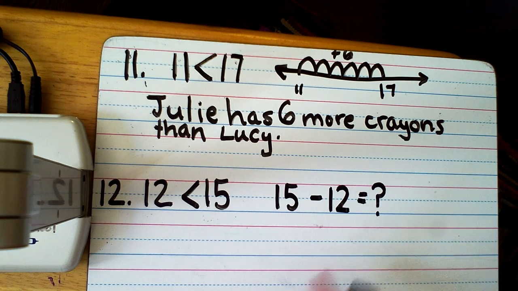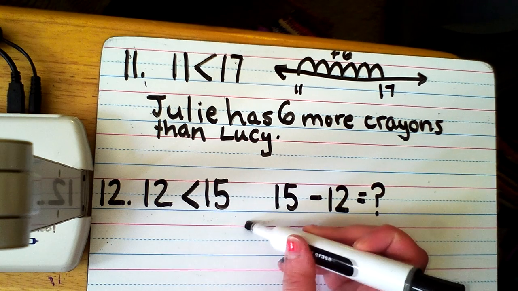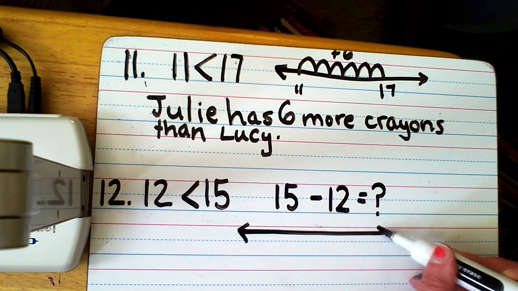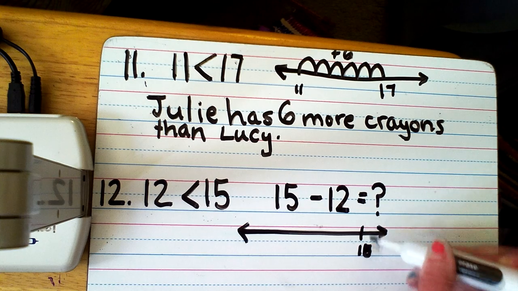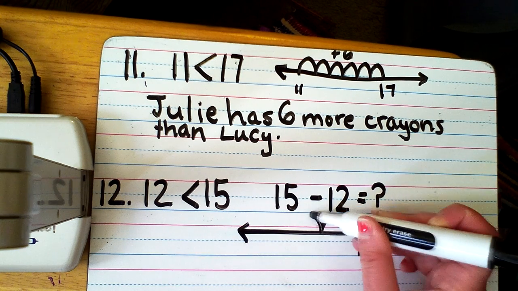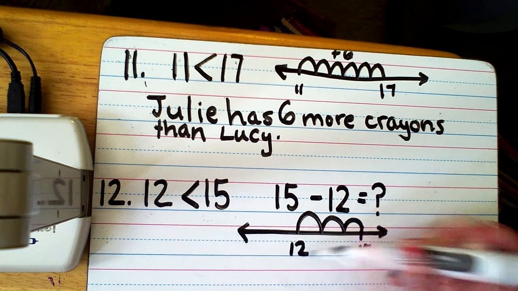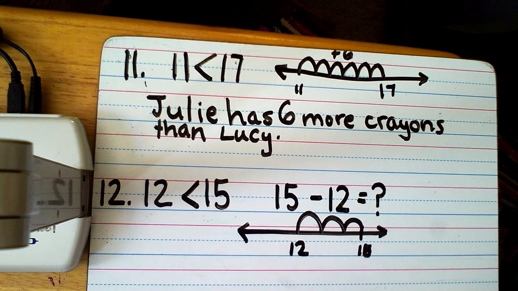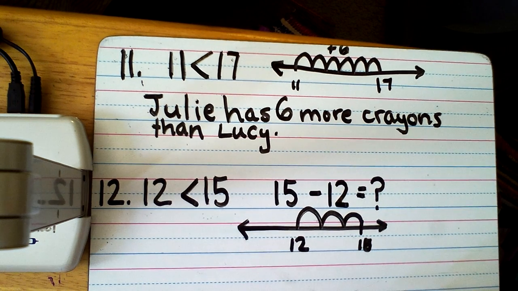And if I counted backwards from 15, I'm thinking 15, 14, 13, 12. On a number line, it looks like this. 15, 14, 13, 12. And it was 3 bumps. So my question mark is 3.